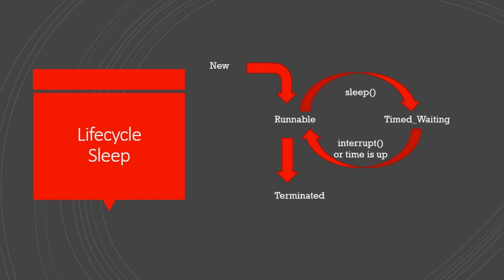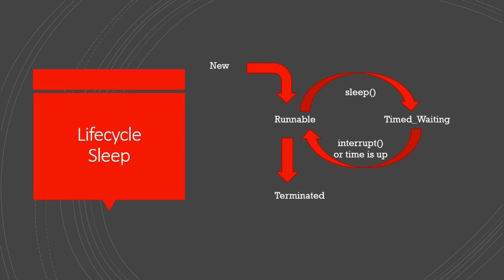But we've also seen that we can put a thread to sleep, calling the sleep method, the static sleep method on the Thread class. Now, this makes your thread stop working for a certain amount of time.